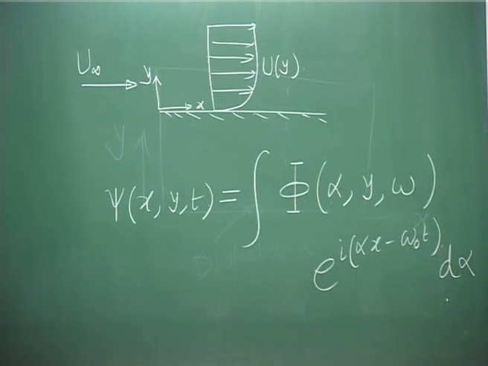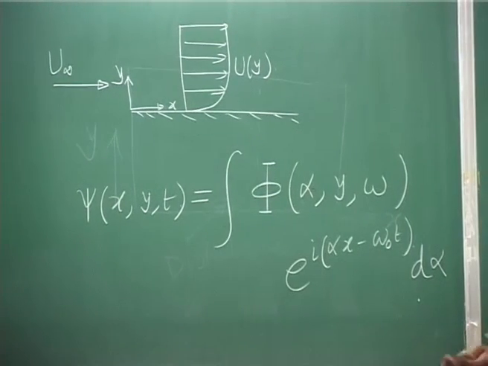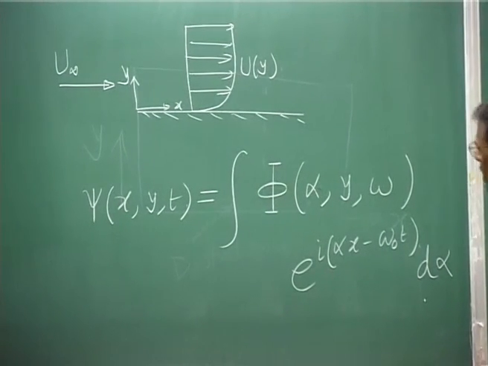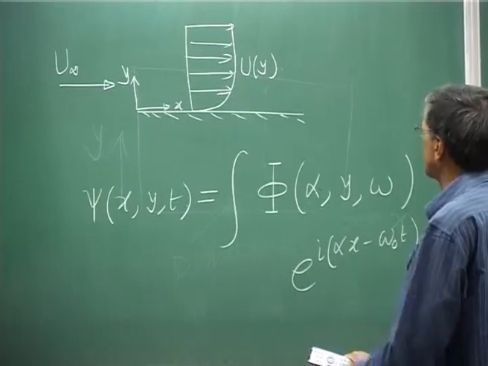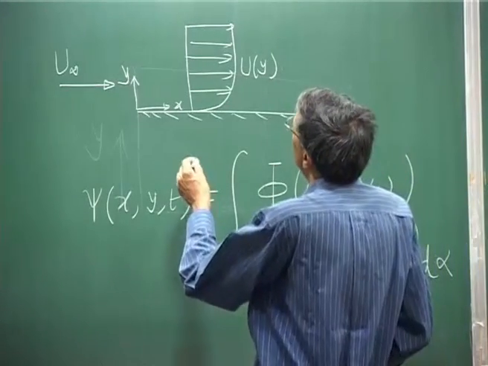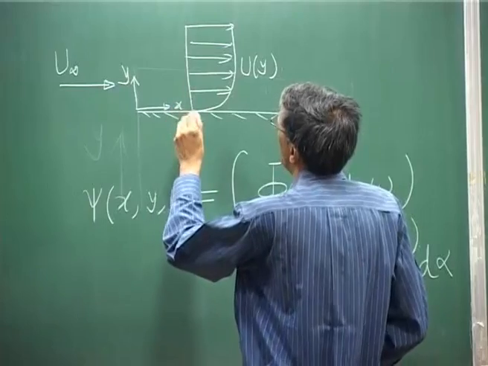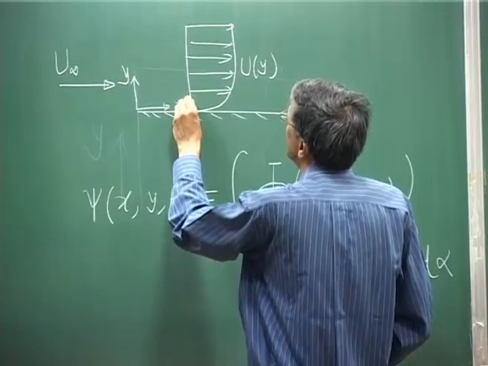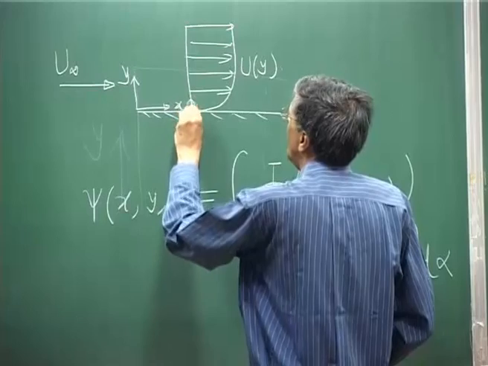That is what I told you a few minutes ago. In an actual problem, if you really want to excite some kind of instability, you would have to give some kind of excitation, and we will talk about it.